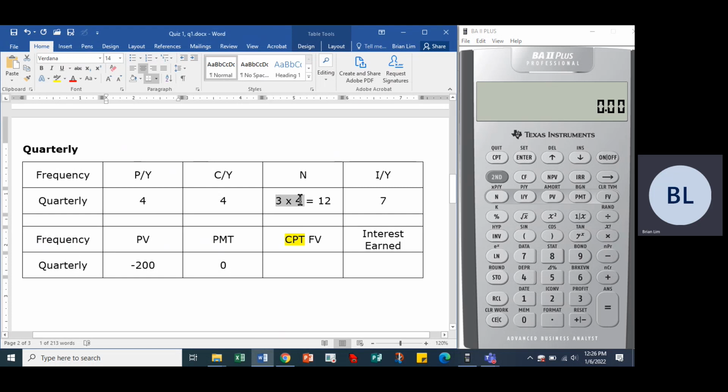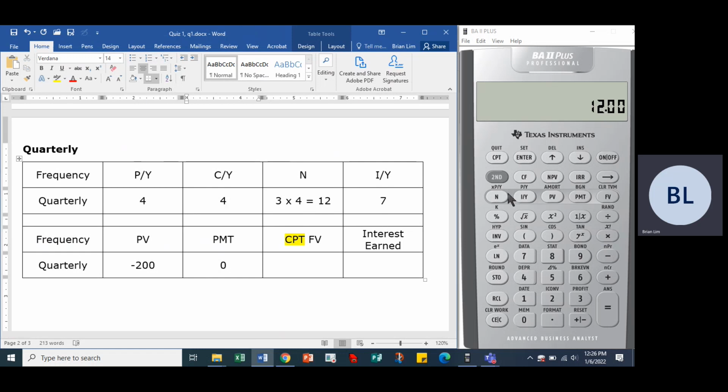Now the next part is to calculate the value for N. So it's 3 years. We put in the number of years, 3. And when I press second N, I actually multiplied it by this 4 right here. Okay, this PY, which is the same as CY. So it gives us the number 12.